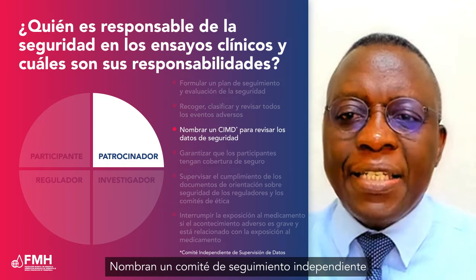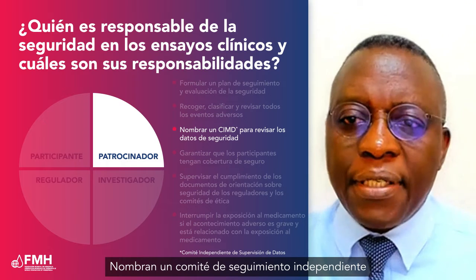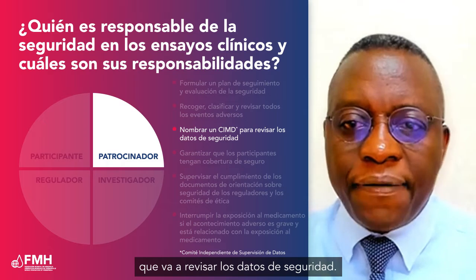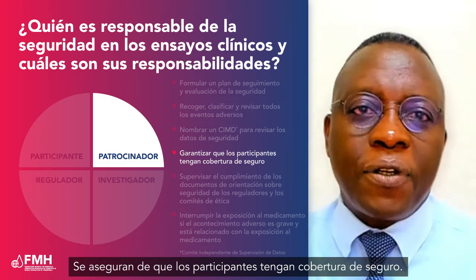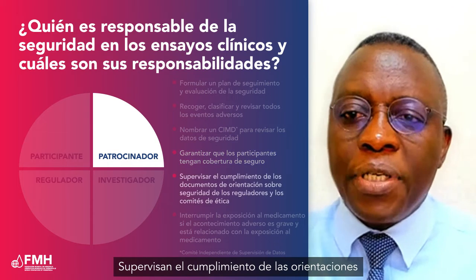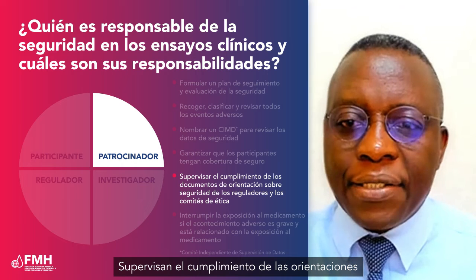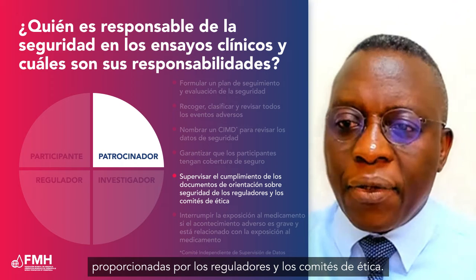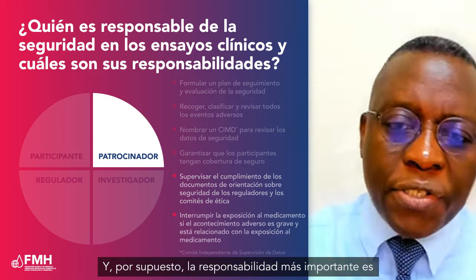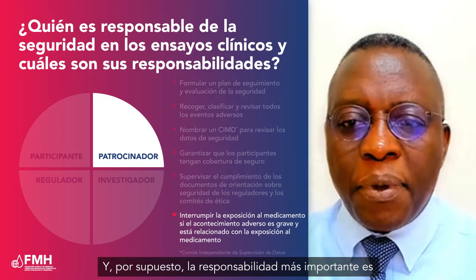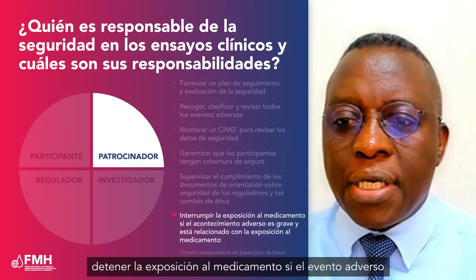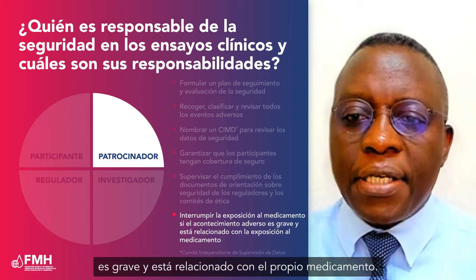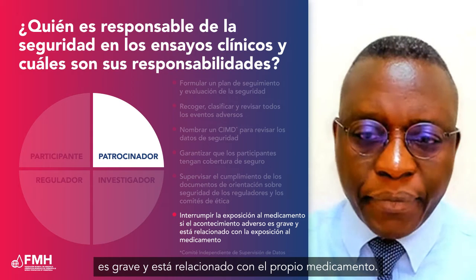They appoint an independent monitoring committee that is going to review the safety data. They ensure that the participants have got insurance cover. They monitor compliance with the guidance that has been provided by the regulators and the ethics committees. And of course, the most important responsibility is to stop the exposure to the drug if the adverse event is serious and related to the drug itself.